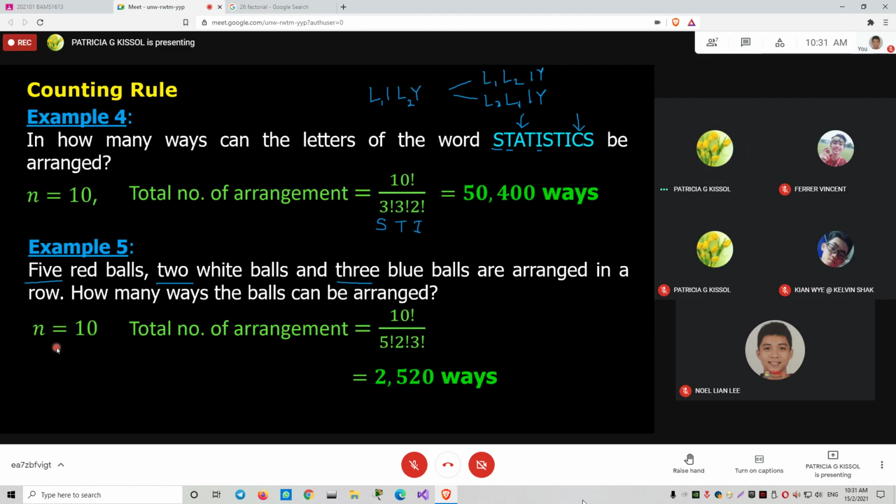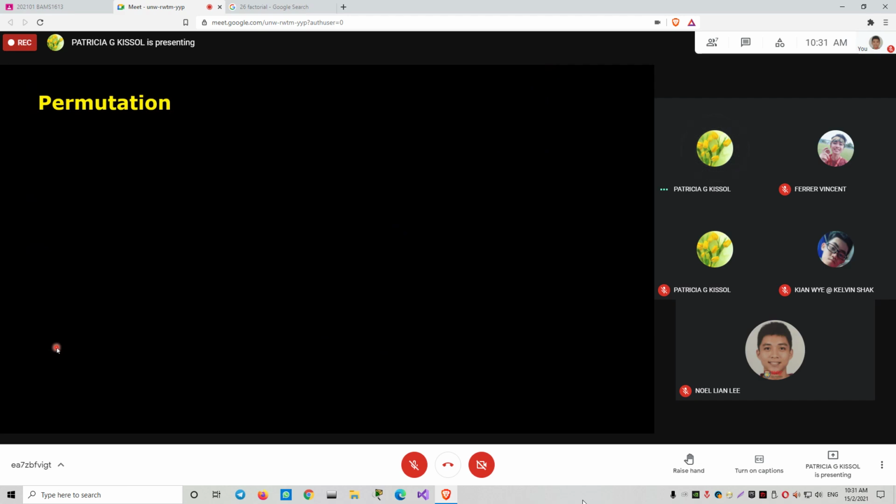Okay, moving on. Now just now was the counting rule, concerned with how many items are given to you, and how many ways we can arrange them. And we have looked at cases where each of the items is different, and cases where some of the items are the same.